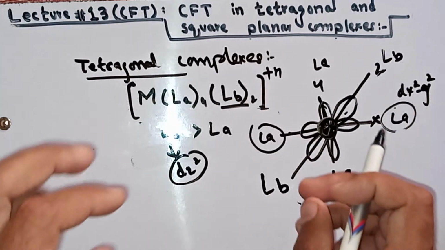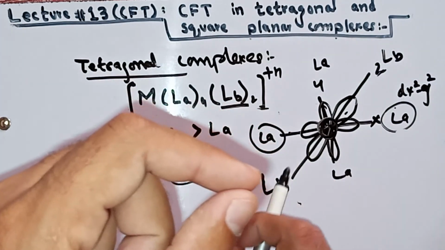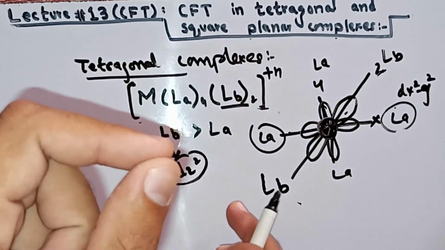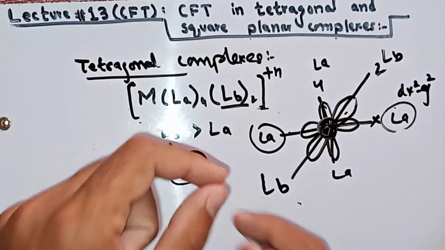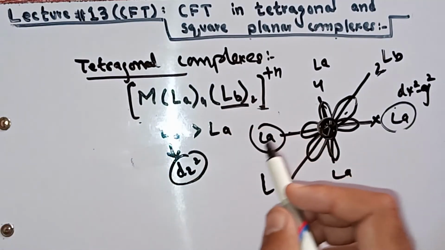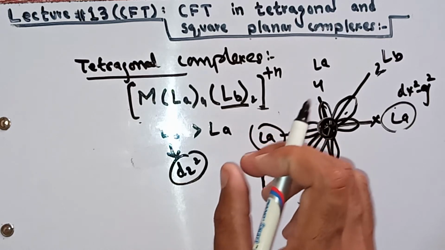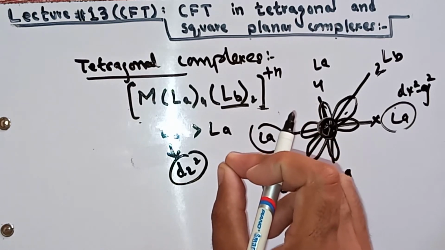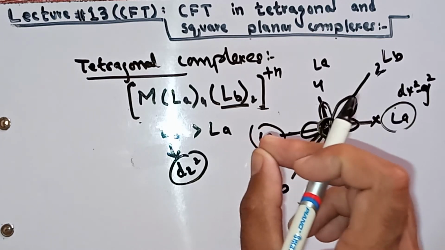One ligand is above the plane and one is below the plane. When these ligands are stronger, they will be on the z axis and will have effective interaction, approaching the central metal atom effectively, so these axial bonds will be shorter.